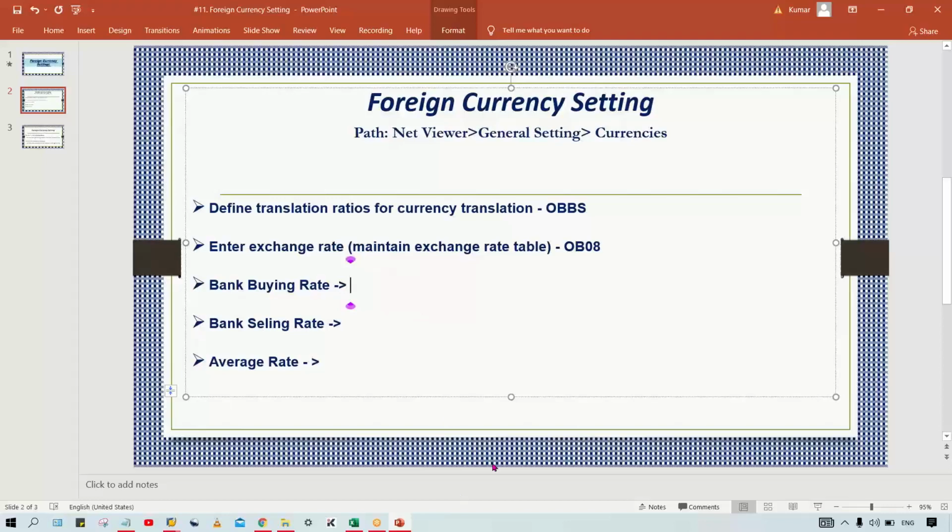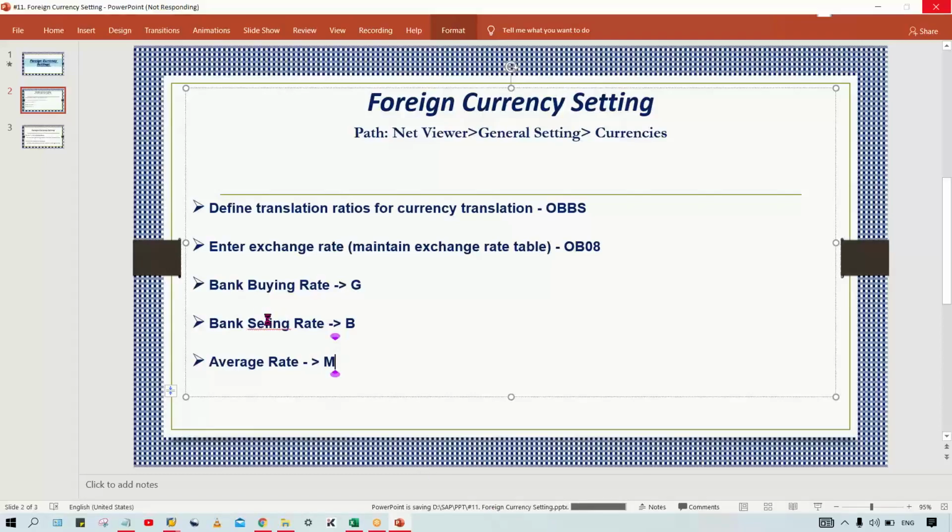Now, buying rate is Z, selling rate is B, average rate is M. These are the standards given by SAP.